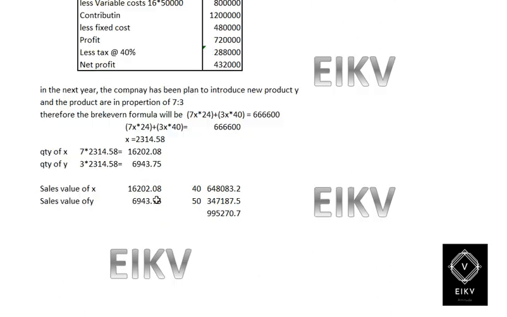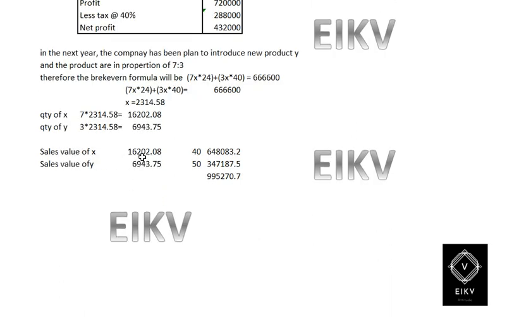So now we have computed the quantity. Now the next thing we need to compute is the break-even value. After we have the break-even sales quantity, we can compute the value of the break-even sales, which is pretty simple.